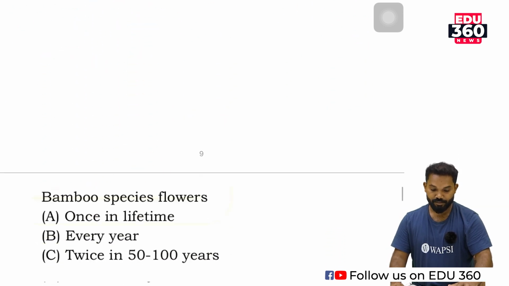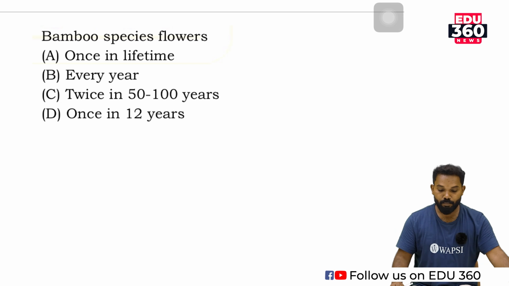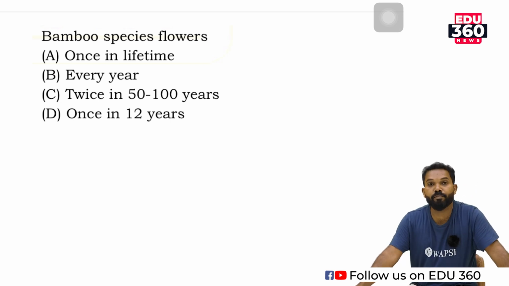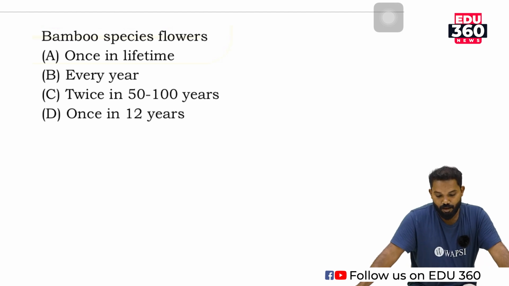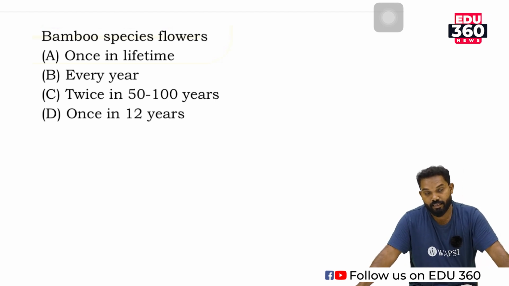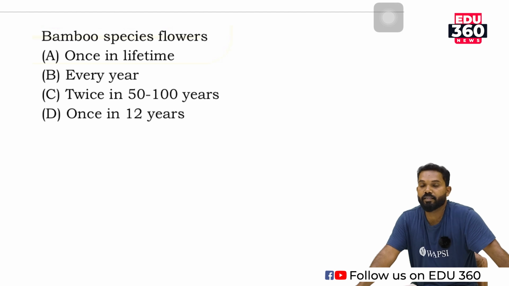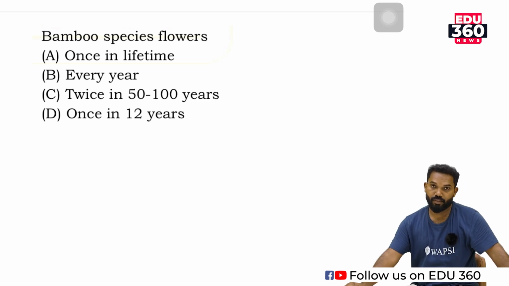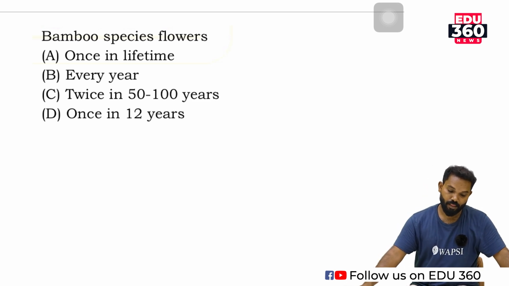Then moving to the next question. Bamboo species. What are the characteristics of bamboo species? Bamboo is a grass type plant, and it grows like a tree, but it comes under the grass family.